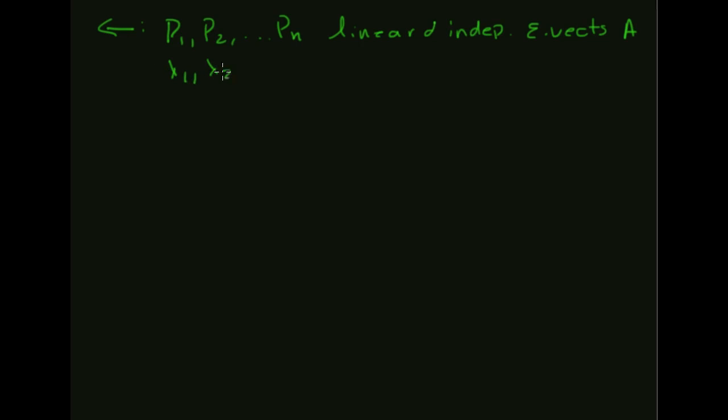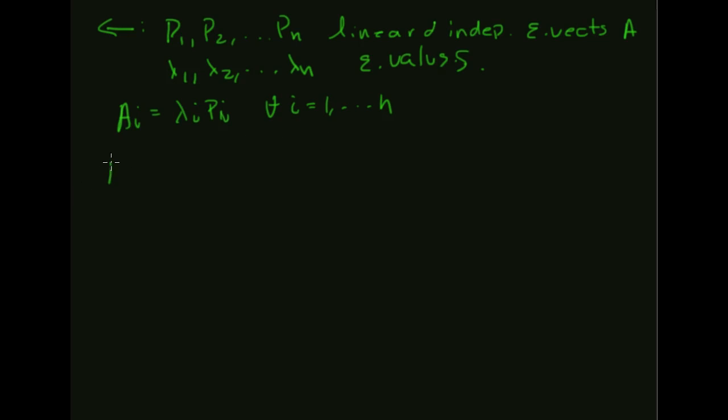We can call those lambda 1, lambda 2, out to lambda n. So these are the eigenvalues. All right, so what do we know? We know that A Pi has to equal lambda i Pi for all i from 1 to n.